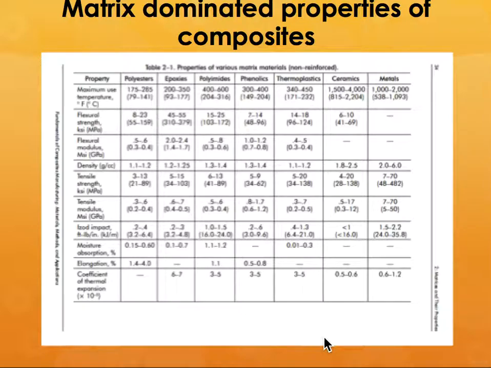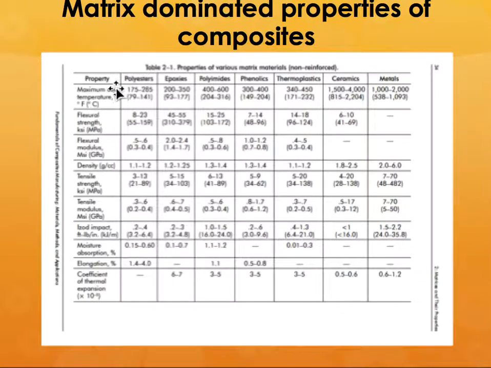So this one is a listing of all the matrix dominated properties. It gives you the traditional mechanical properties, different properties, as well as the coefficient of thermal expansion and things like that.